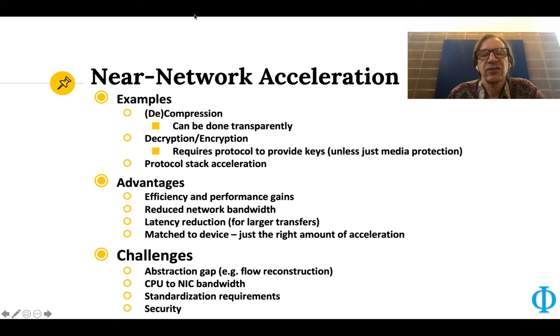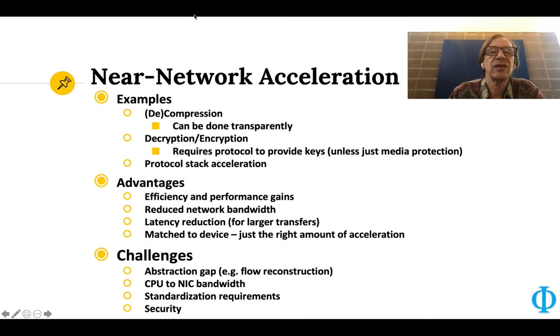Another advantage is that if you integrate acceleration with the device, you would integrate just the right amount, for example, the amount of acceleration that is required to satisfy the network speed that the adapter supports.